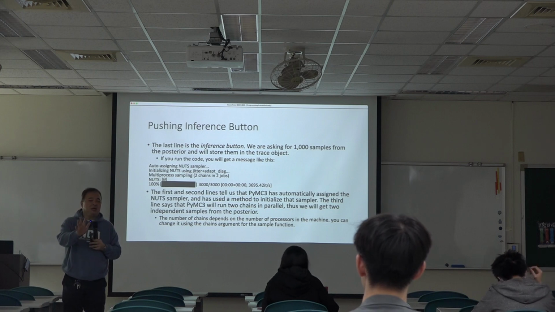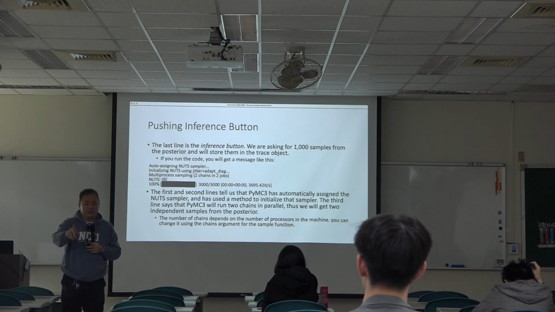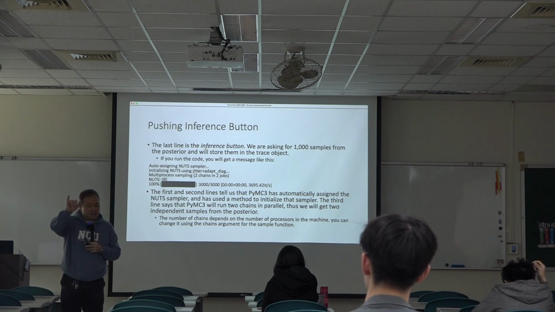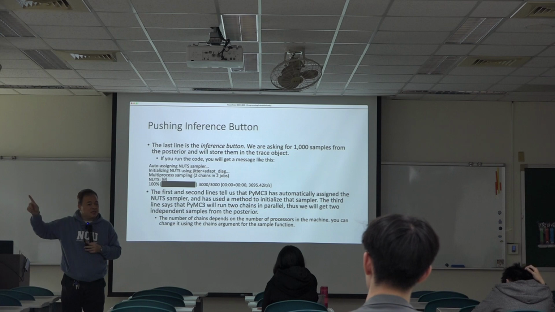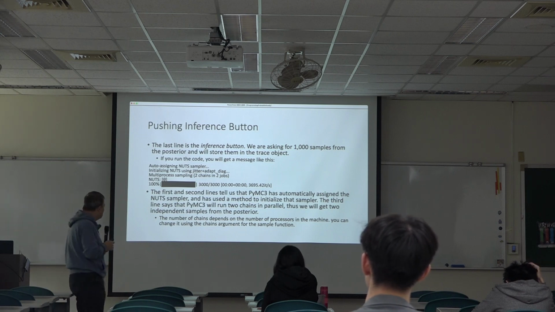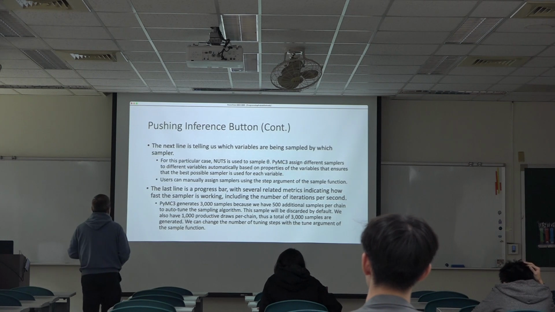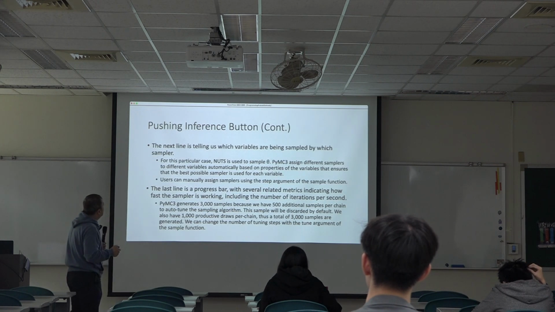If there are 6 chains, how many samples will be collected? It's actually not 6,000, it's 1,500 times 6, which is 9,000. Okay, I will skip this. I already explained this for you.